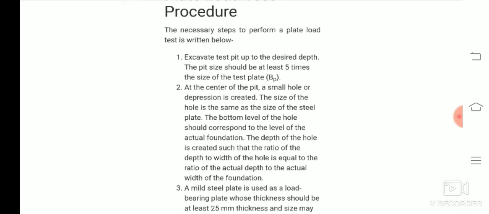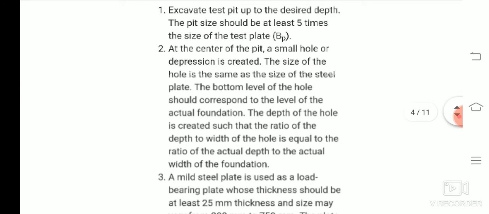At the center of the pit, a small hole or depression will be created. The size of the hole will be similar to the size of the plate. The bottom level of the hole should correspond to the level of the actual foundation.